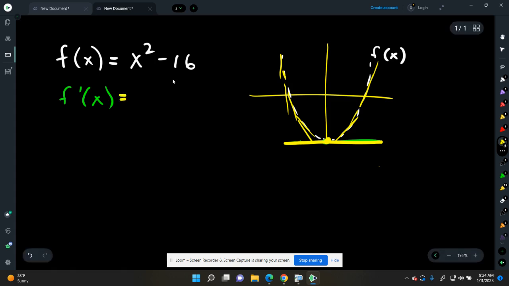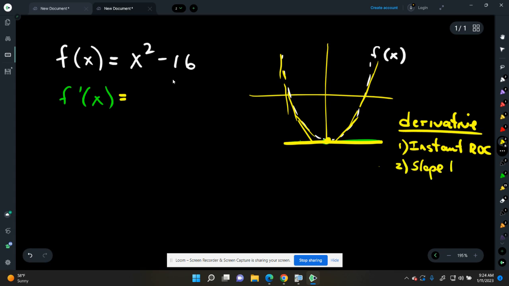The derivative, remember, tells us several things. First, it tells us the instantaneous rate of change. It tells us the slope of the tangent line. It tells us the slope at that point.